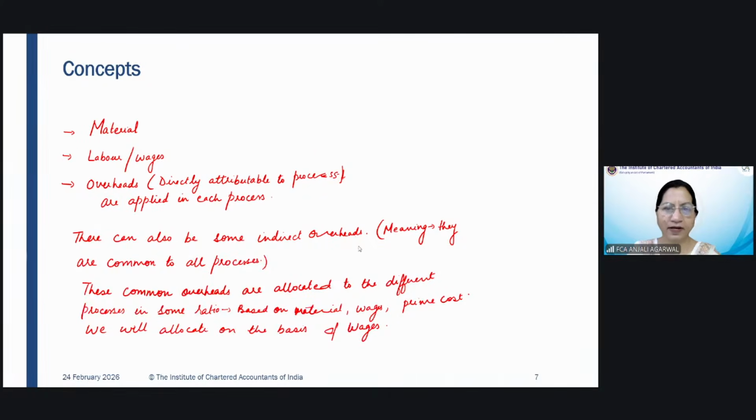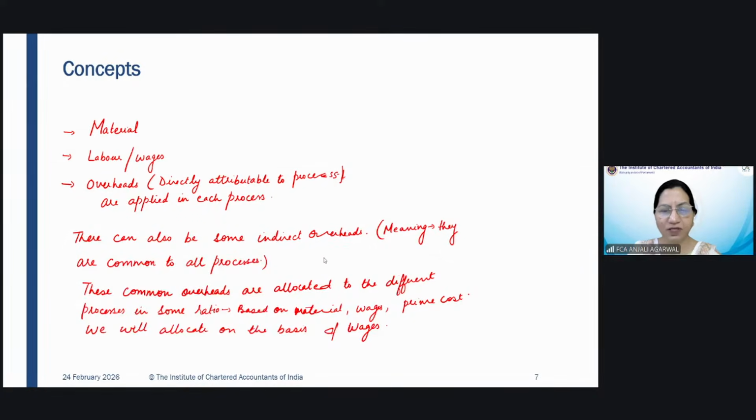Indirect overheads cannot be traced specifically to a particular process, but they are part of the production, so they should also be allocated to the various processes. So these are the production overheads: direct ones will move to the process, and indirect overheads will be allocated amongst the various processes.